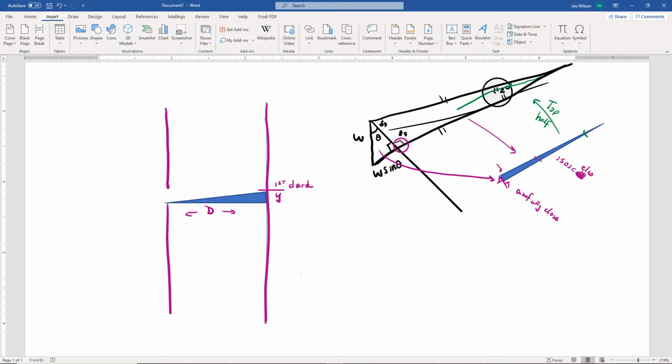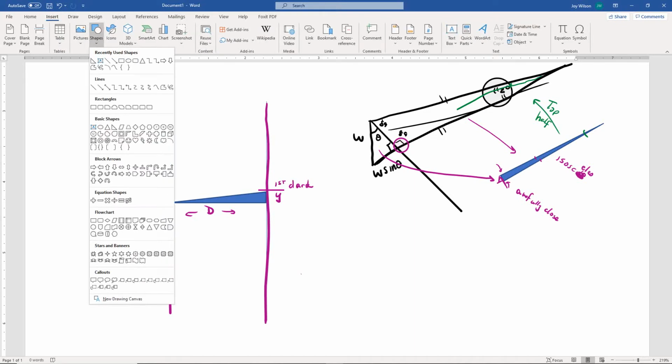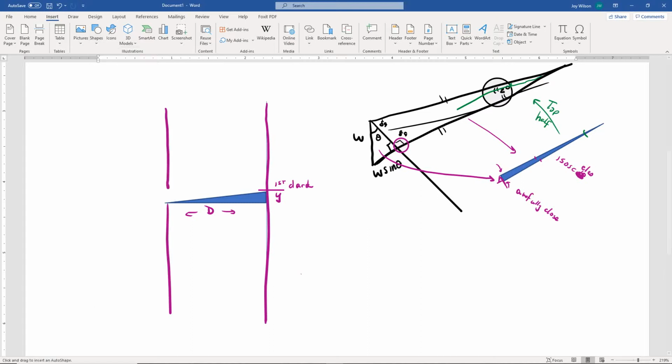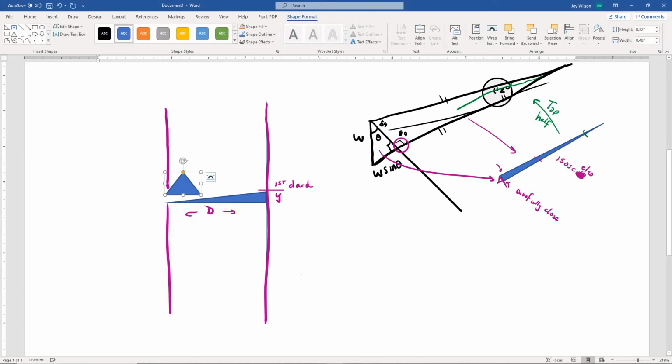In the meantime, I also have a triangle that is doing this. This one's going to be more fun to try to figure out how to make it do what I want it to do. That's good. Let's make him orange.